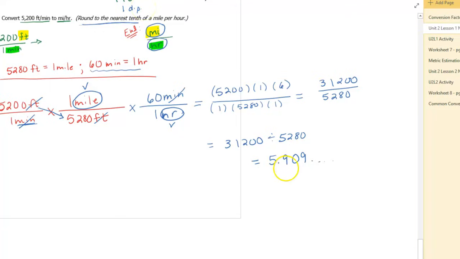So if I go to the first decimal place and I look next door, that is not 5 or bigger. So it's going to stay a 9. So it's going to be 5.9 miles per hour. Or we can write this as mph.